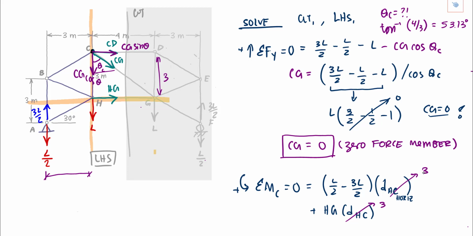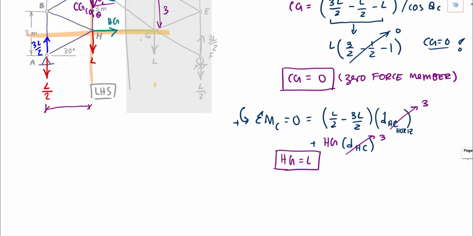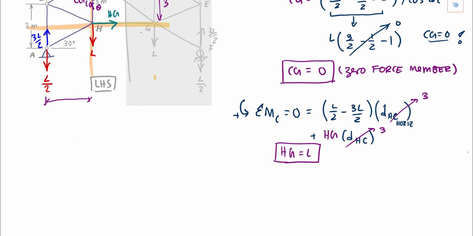And so then we're able to solve for HG. And what do we get there? We get that HG is equal to L. And we were correct about the assumption there. If you want, I'm going to attempt to do the math real quick here.